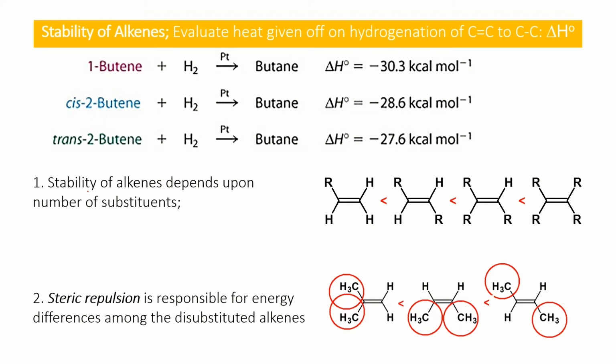When it is hydrogenated, it will give off more energy, so it is an exothermic event. And so the more energy being given off, the more unstable that compound is. 1-Butene, being monosubstituted, is less stable than both cis-butene and trans-butene, which are disubstituted.